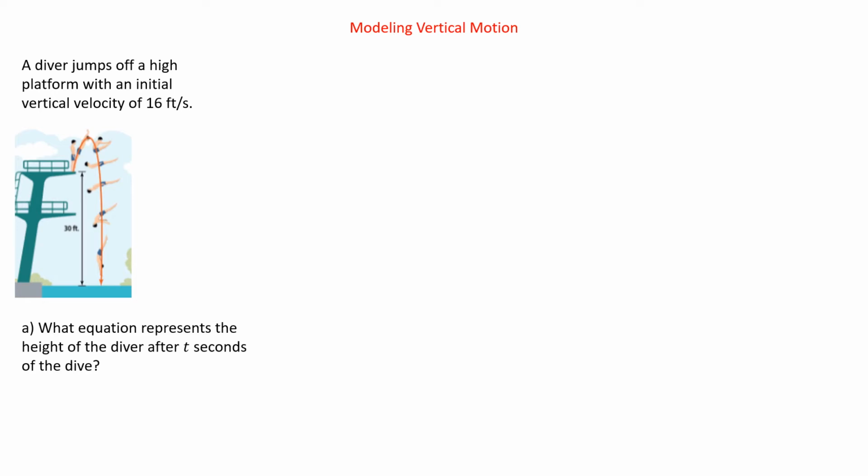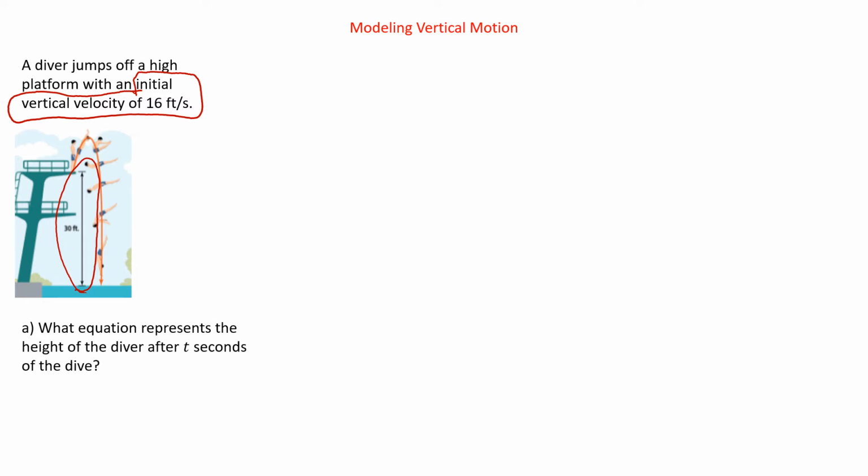Well, we're not given all that much information here. We're given two pieces. We have an initial vertical velocity of 16 feet per second, and we have an initial height of 30 feet. But that's still not a ton of information. What we need is an equation.